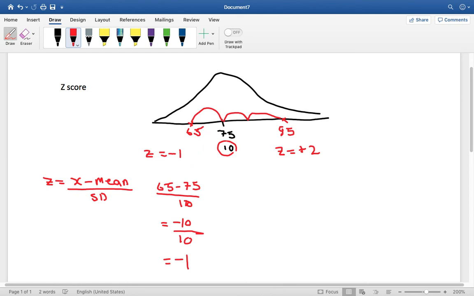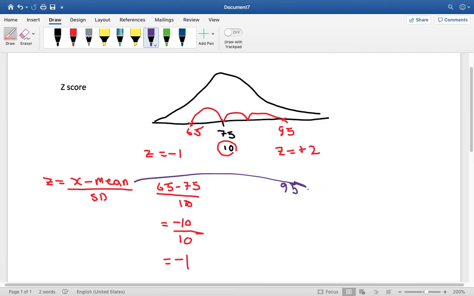In this case, the numbers were relatively easy, so we could have picked that out. But sometimes you may not be an exact number of standard deviations above or below, so it's better to use the formula. Let's look at the student on the other side. Again, we apply this formula. x for this student is 95.